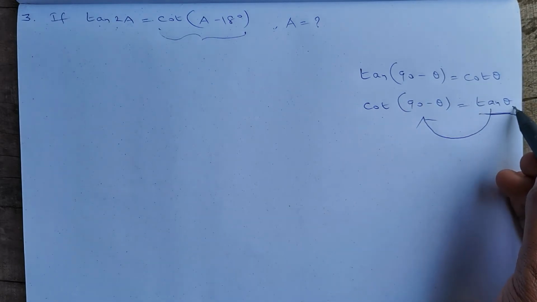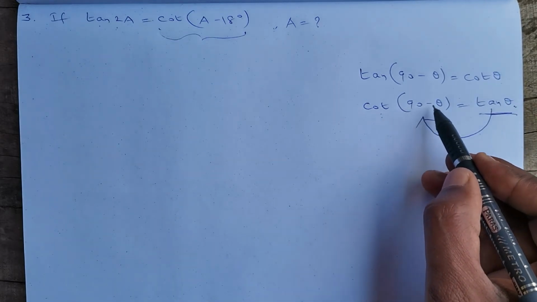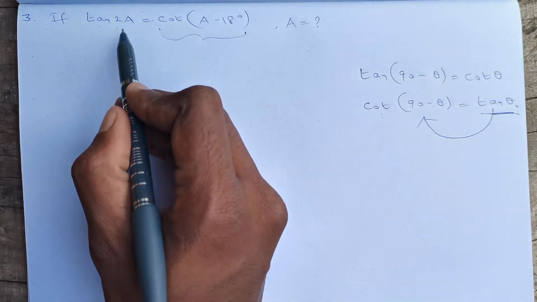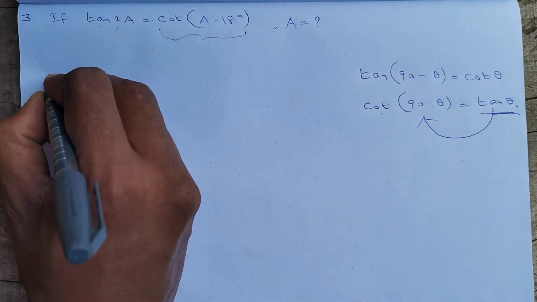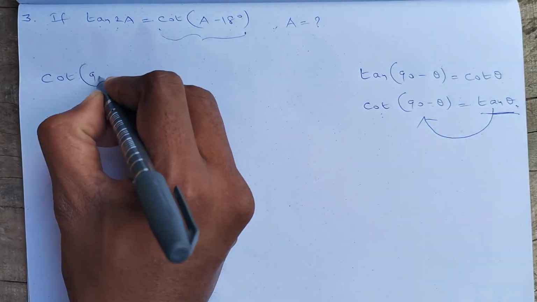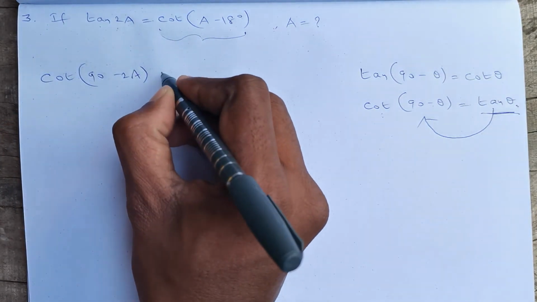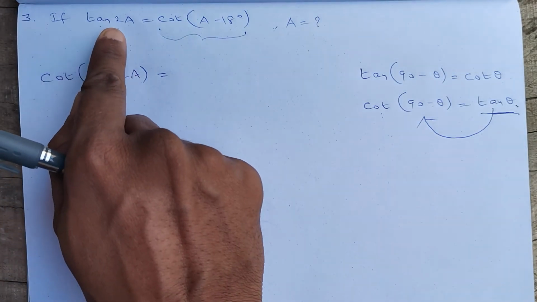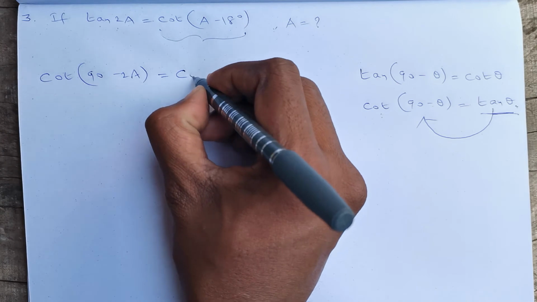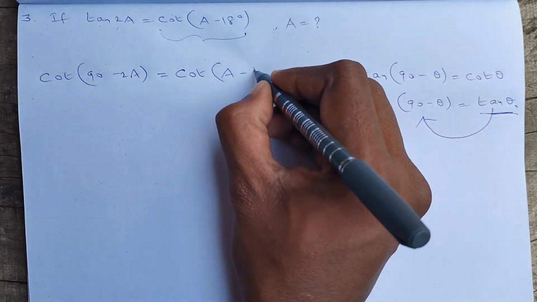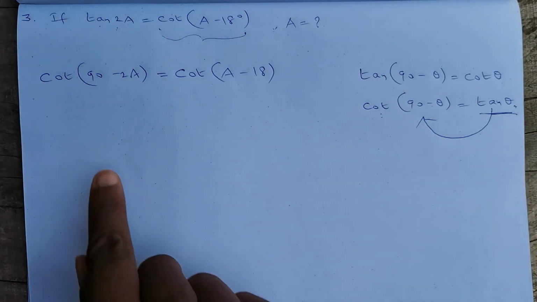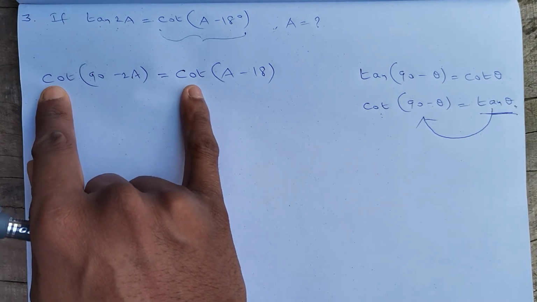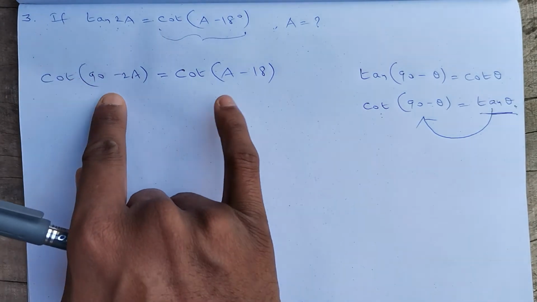Tan theta is there, cot of (90 minus theta). In the place of theta here we have 2A. So tan 2A can be written as cot of (90 minus 2A). Cot of (90 minus 2A) is nothing but tan 2A. The RHS I am not going to touch, as it is cot of (A minus 18). Now left side and right side, both have the same trigonometric ratio, that is cot.